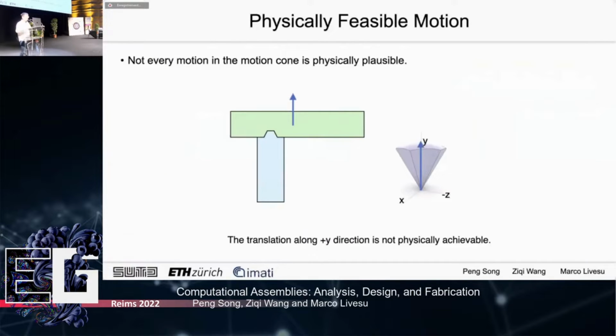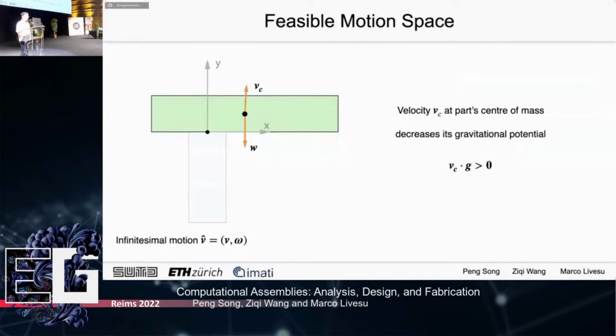However, the motion in the motion cone is not always physically achievable or plausible. Like translating the green part along the plus y direction is collision free, but won't happen under gravity. The reason is that the green part's movement should decrease its gravitational potential. The dot product between the instant velocity of the center of mass of the green part and the gravity force W should be positive.